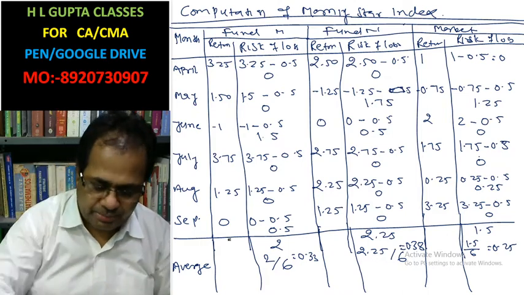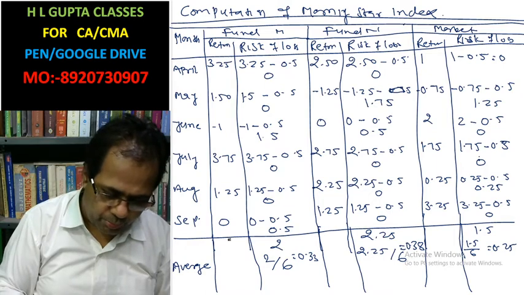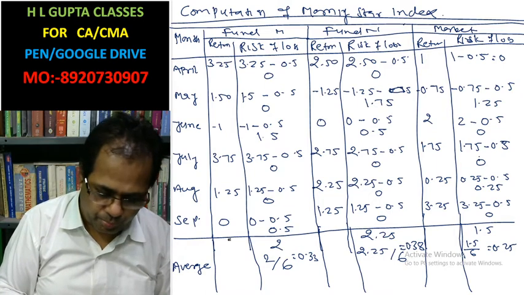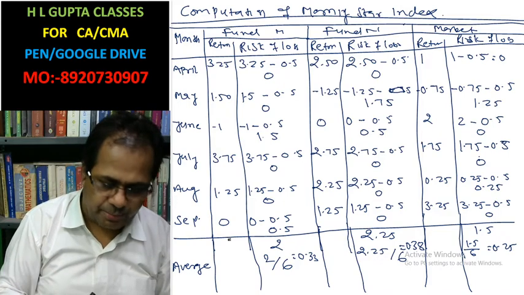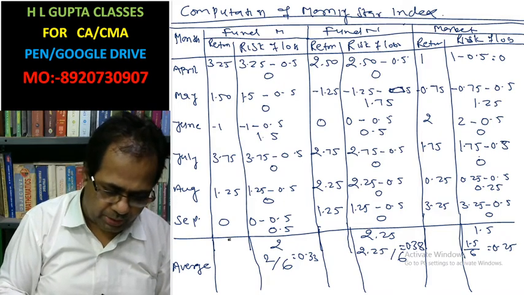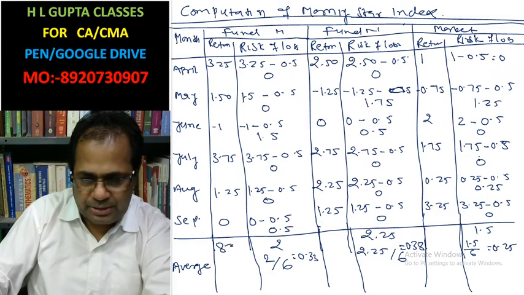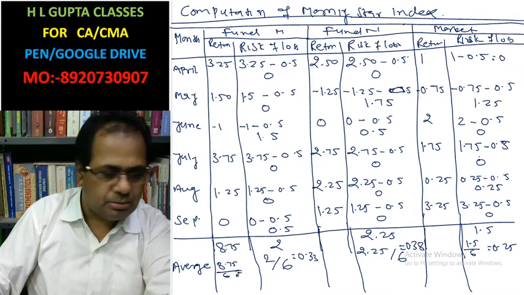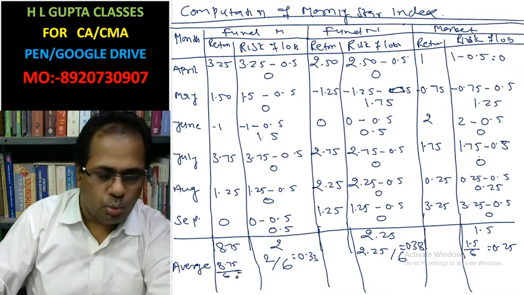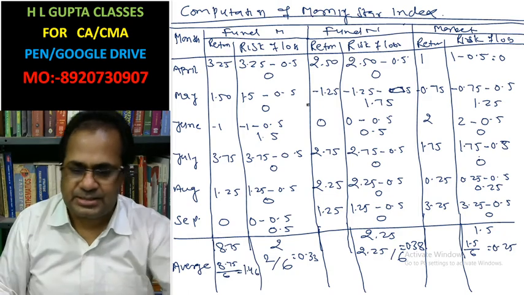Please calculate the average return of this: 3.25 plus 1.5 minus 1 plus 3.75 plus 1.25, this is 8.75. Now the average, 8.75 divided by 6, this is 1.46.